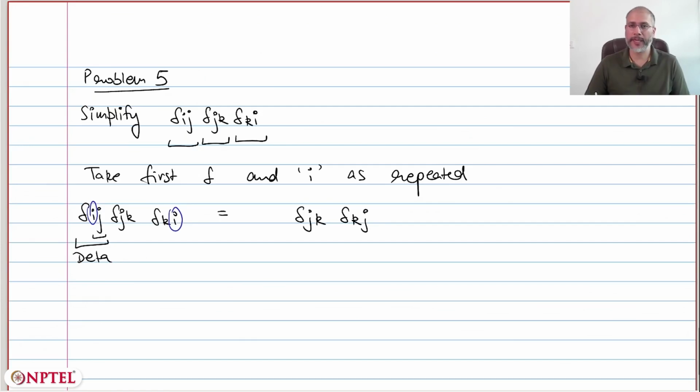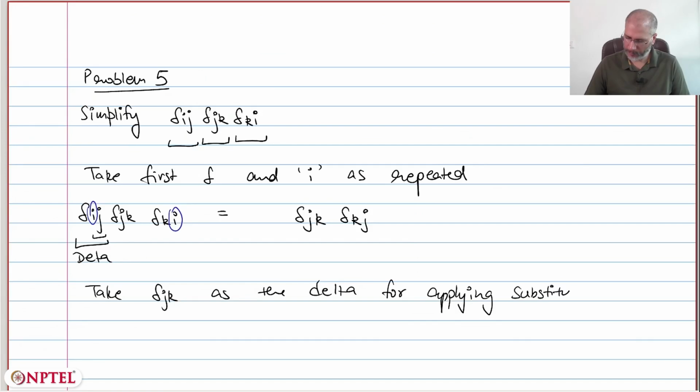This is not the final answer yet, because we still have two deltas and we can still apply the substitution property here. So what we'll do is we'll take delta jk as the delta for applying the substitution property, and we will take the index j as repeated.